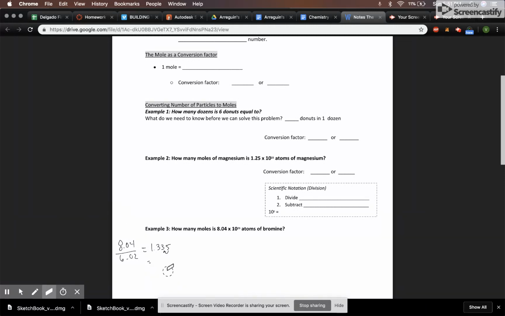So that turned into 1.34 moles of bromine.